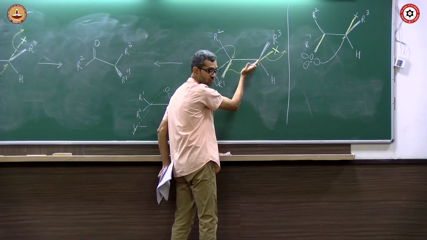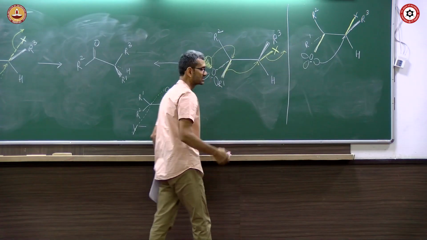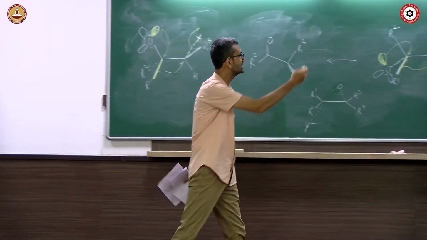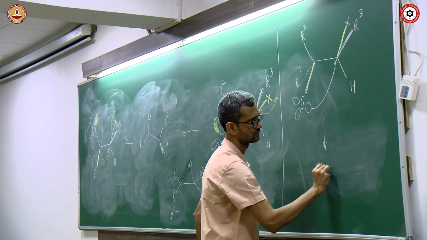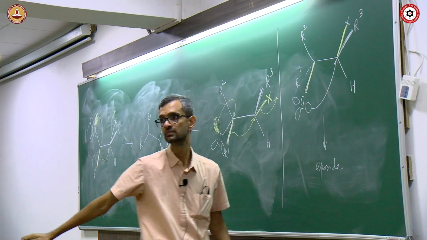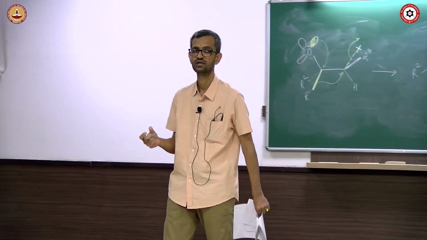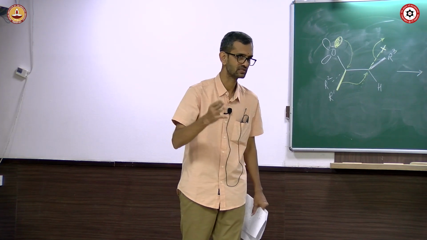When it starts to form the bond, then this gets weakened, it departs, and then you get a symmetrical system. Okay? So this leads to an epoxide formation. Right? So the arrangement of the leaving group and incoming nucleophile is important.